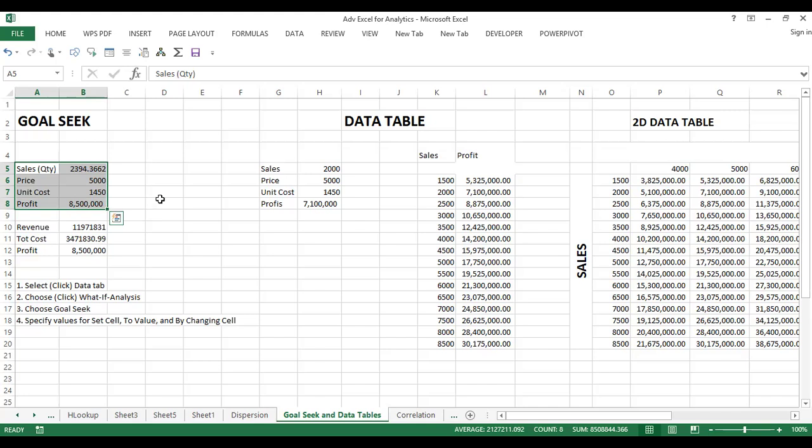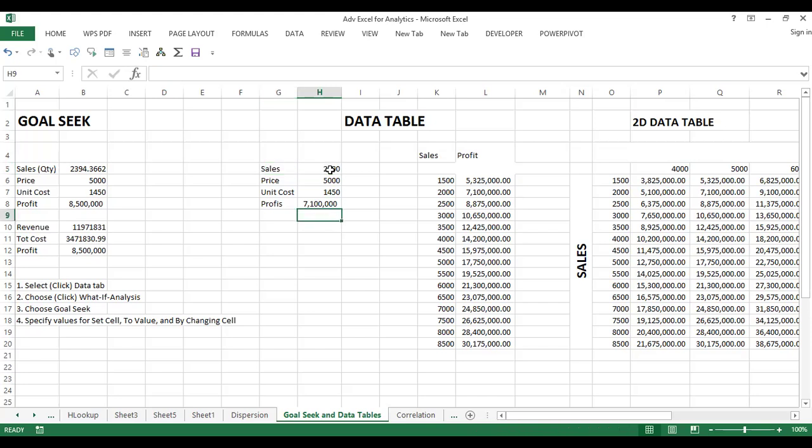Now, question number 2. This sales, what do you think we mean? Let me use this one that is more straightforward. What do I mean by sales? Sales is a quantity.